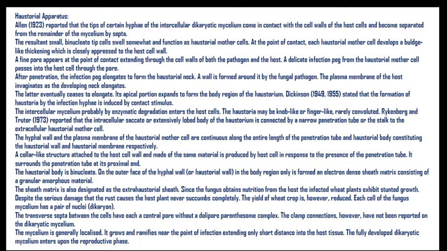This fungus obtains nutrition from the host, and the infected wheat plant exhibits stunted growth. It means when this pathogen infects the wheat plant, the growth of the plant is stunted and it cannot grow to a major height.